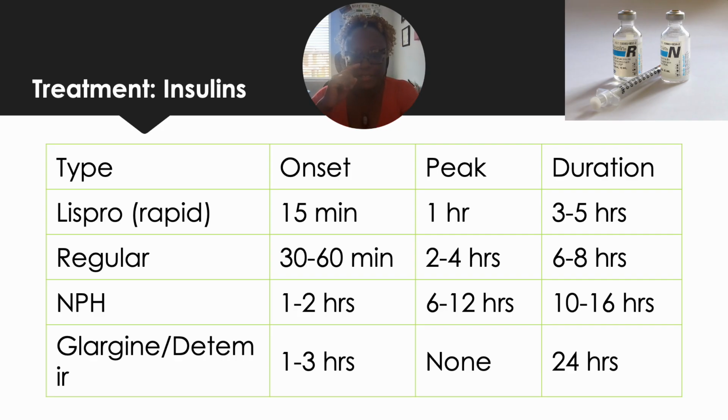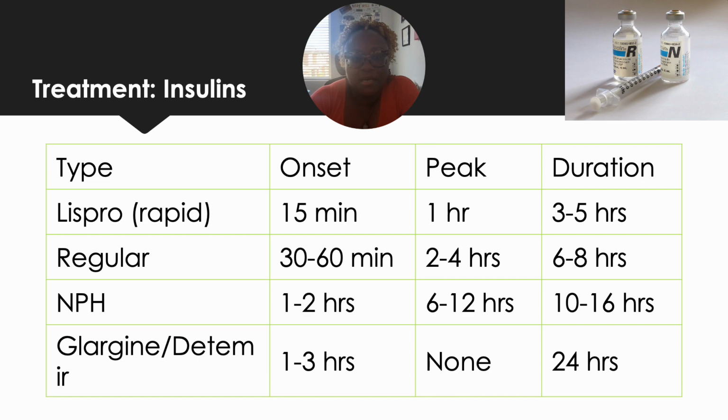Our insulins. Here are our insulin types. We have our lispro, which is rapid acting. We have regular insulin, NPH, your glargine, and your detemir. We have listed the onset times, the peaks, and the duration.